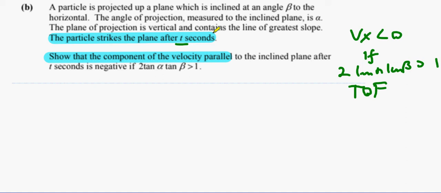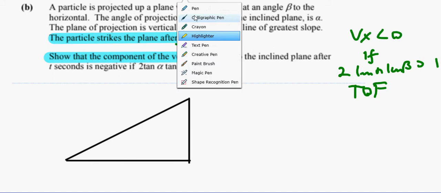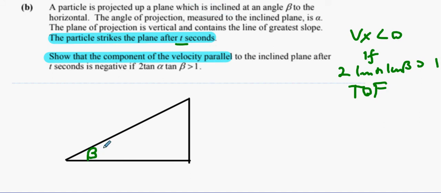Okay. Now, let's do this. Angle beta. Okay. We're getting thrown up at angle alpha. Coming up. Coming down. Flat around there. Right.